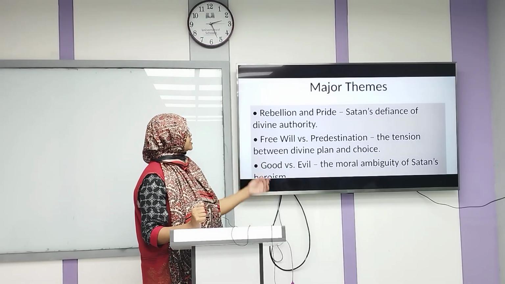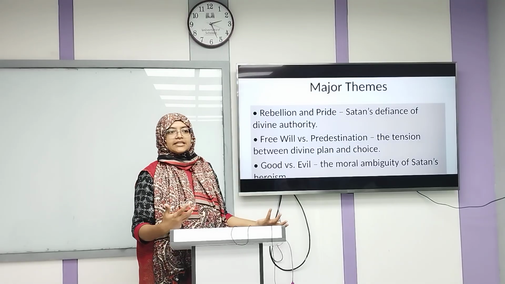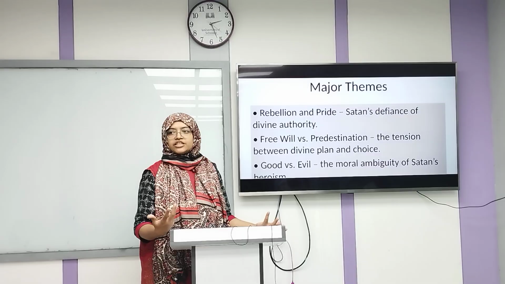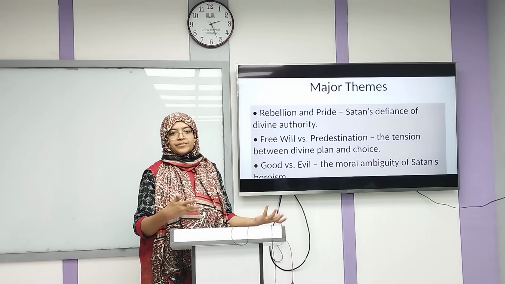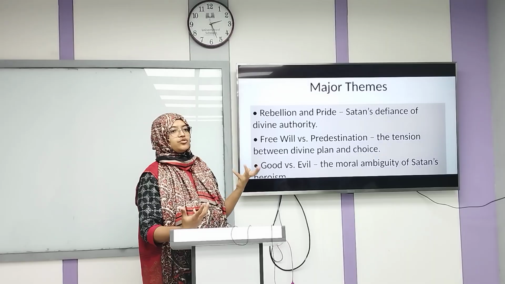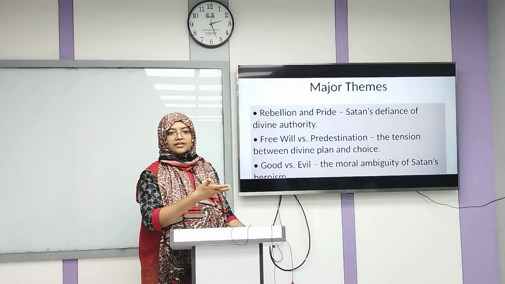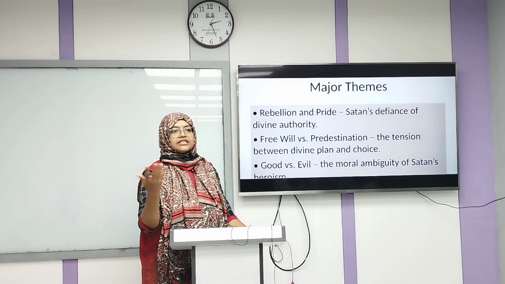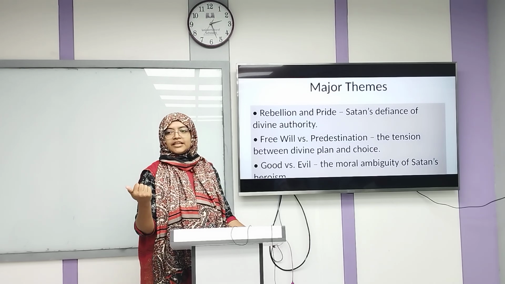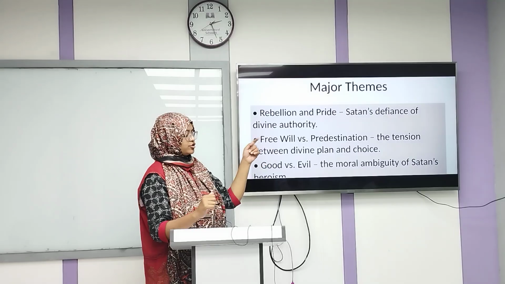Free will versus predestination. Free will, we know what that is. The creations were given the free will to obey or not to obey. And predestination, what was to happen. It was prophesied earlier, okay? And the prophecy becomes true in actuality. The tension between divine plan and choice.